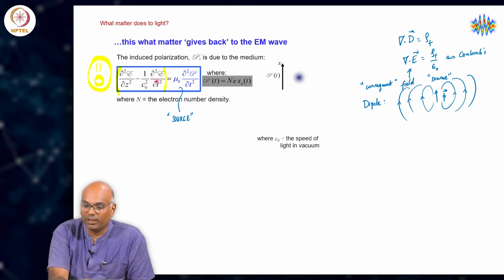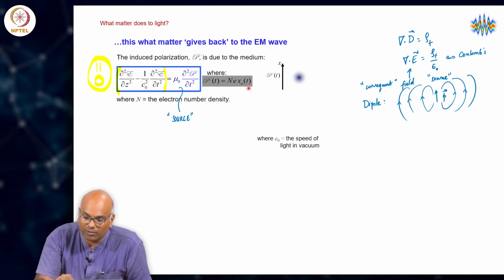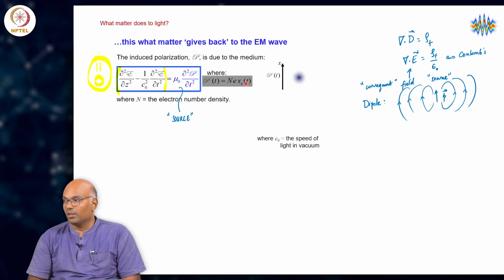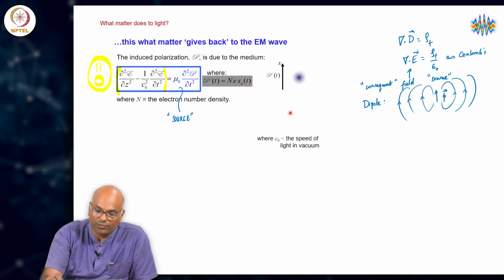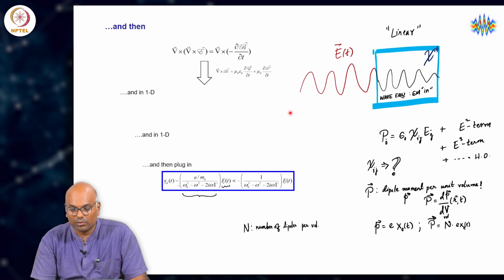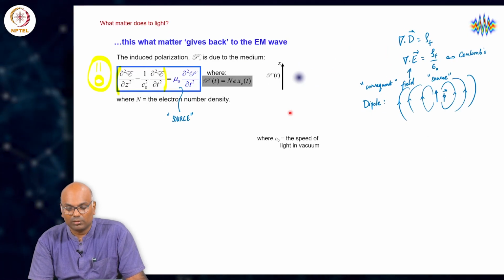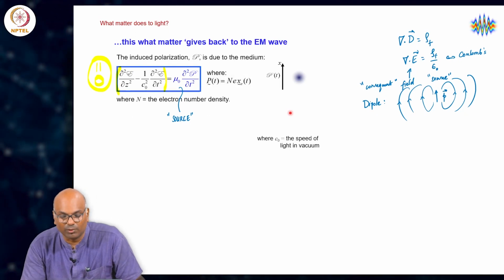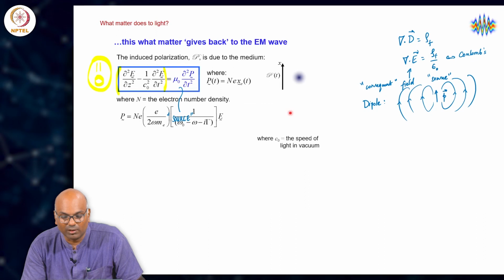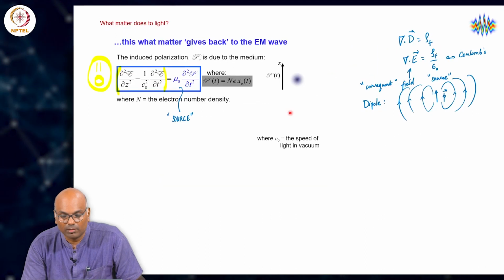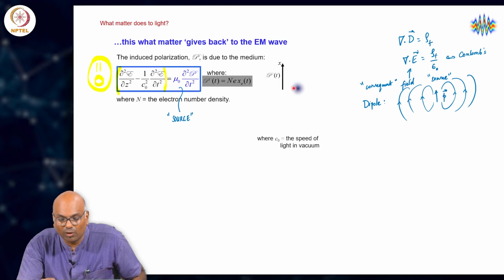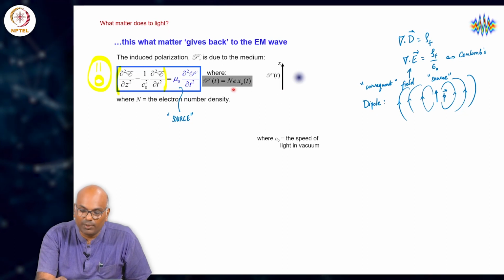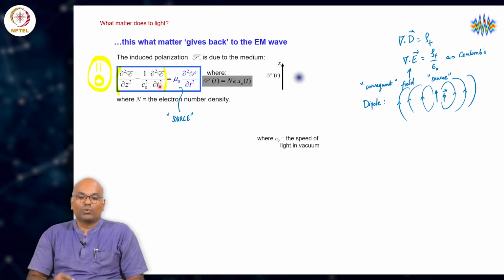Where is the oscillation of P coming from? It is coming from the oscillation of the charge cloud about the atomic nucleus, the dipolar oscillations there. The dipolar oscillations of the charge cloud give rise to an oscillating P, and the oscillating P is the source of the wave.